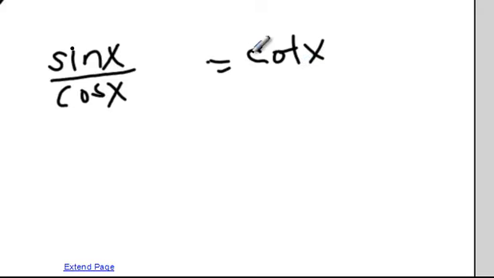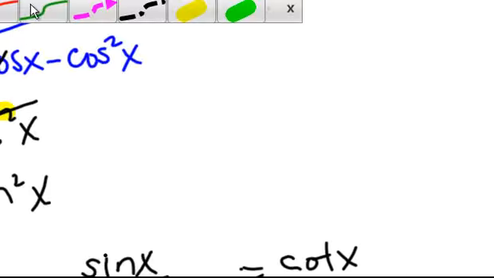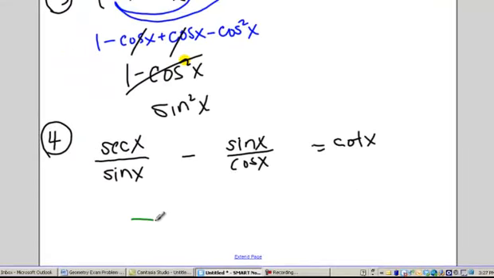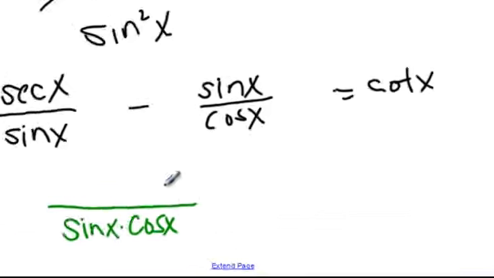Okay? Notice we're trying to get it to look like one term. So we're going to have to combine the fractions. Okay? You can't just put them together. You've got to get them to have the same denominator.